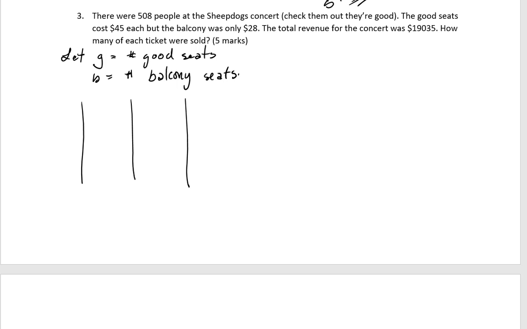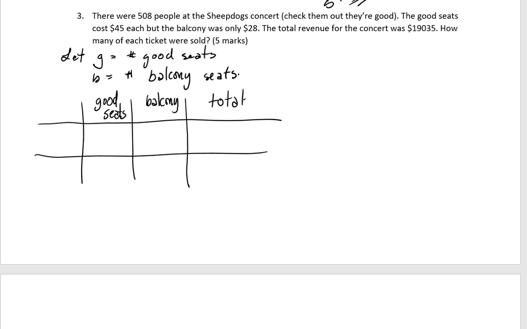Let's go like so. So we got good seats. We got balcony. And we've got total. So here in our first row, we're going to have total number.